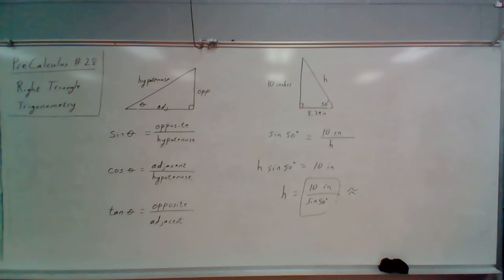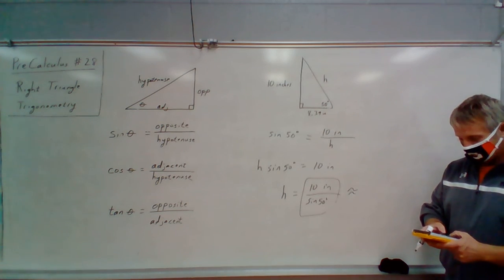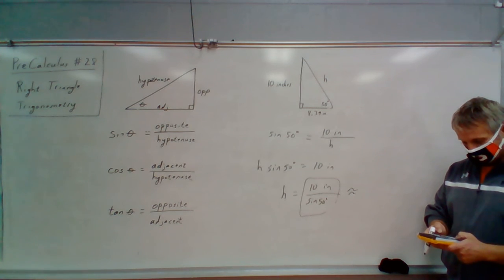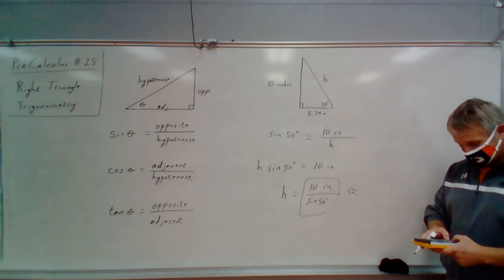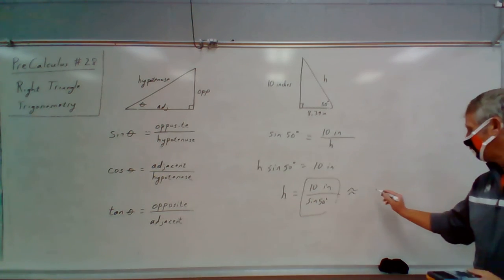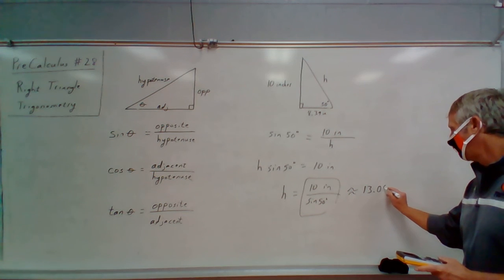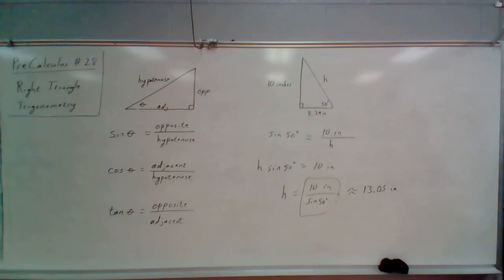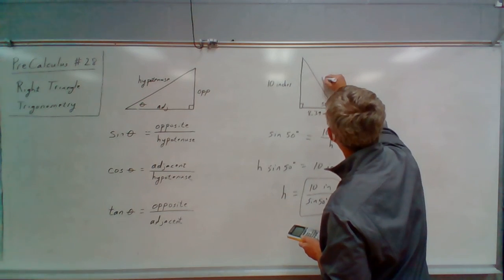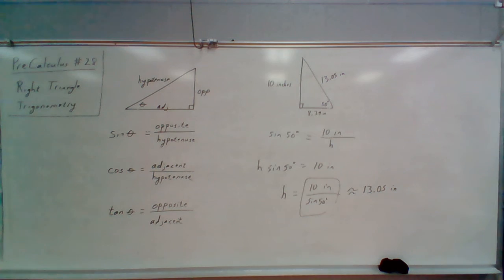Okay, so I'm going to ask my calculator to do 10 divided by the sine of 50 degrees. And my calculator tells me approximately 13.05 inches. So this side is approximately 13.05 inches.